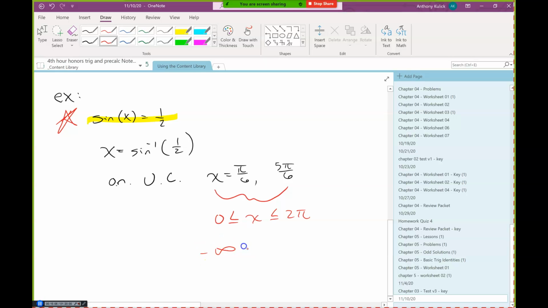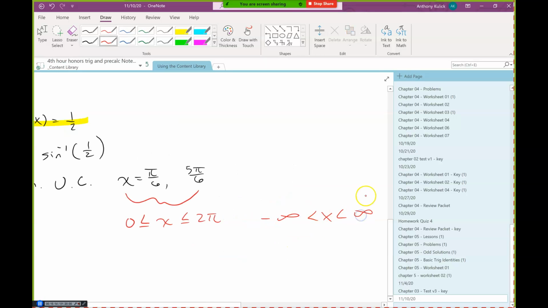If we had extended this to say, what if we wanted all possible answers? How would I say that? Well, I'm going to get pi over 6, right? And then anything coterminal to it, where k could be any positive or negative whole number, right? That symbol for the integers is just the positive or negative whole numbers, like -3, -2, 0, 1, 2, 3.